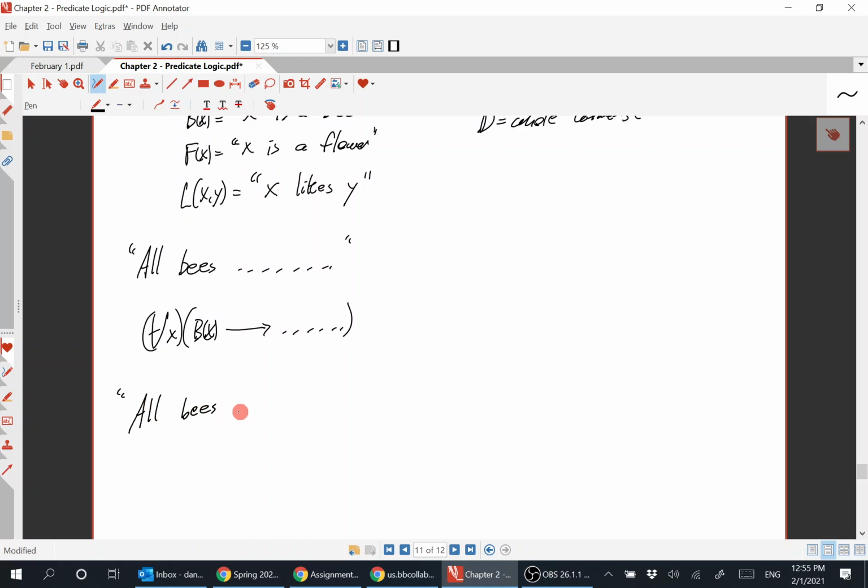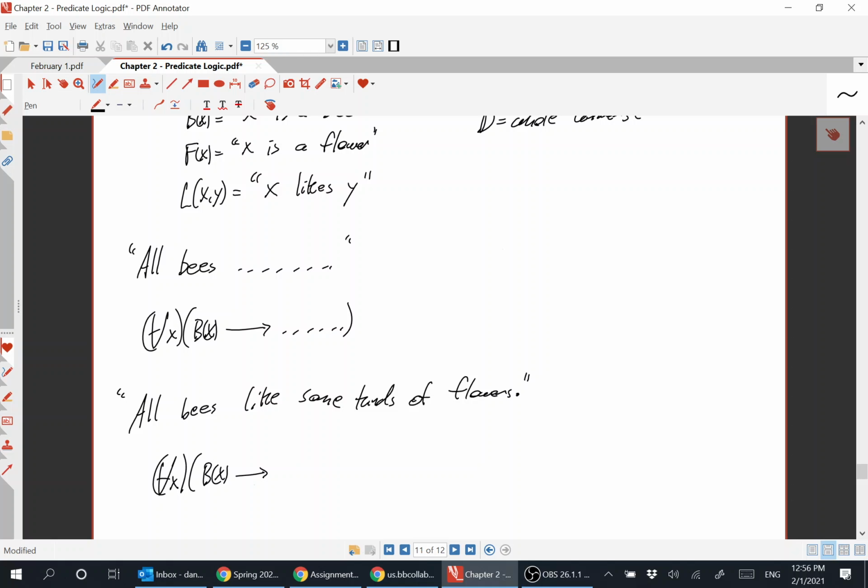All bees like some kinds of flowers. So it's all bees again. So all bees implies... implies what? Some kind of flower. You like some kind of flower. If it's a bee, then it likes some kind of flower. So flowers being quantified how?